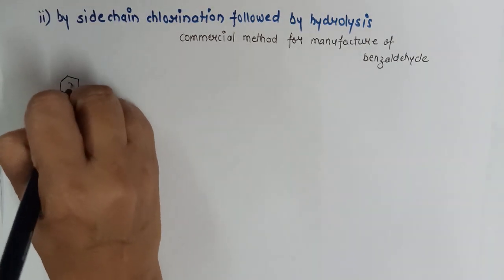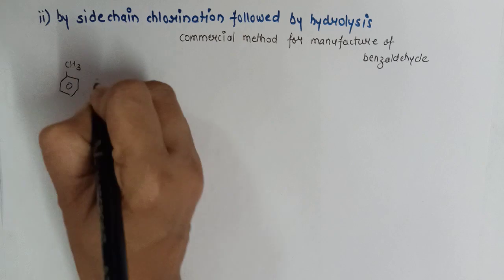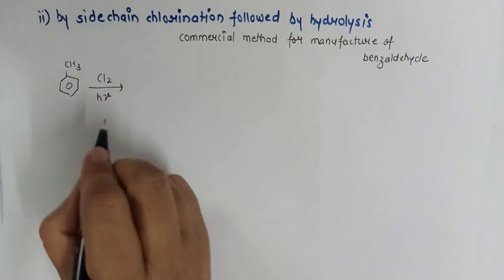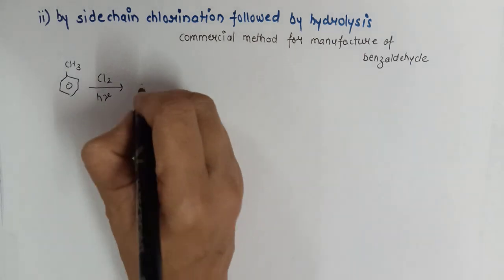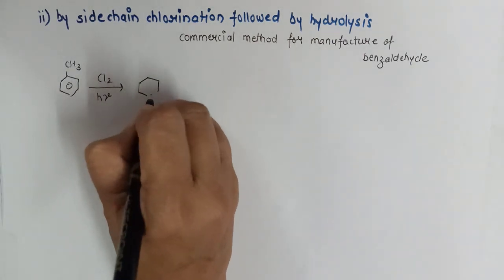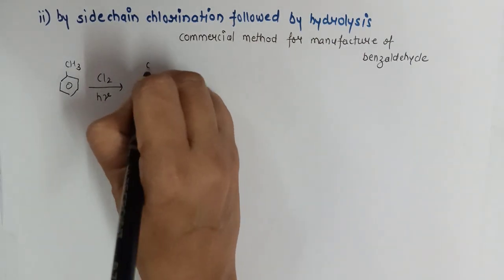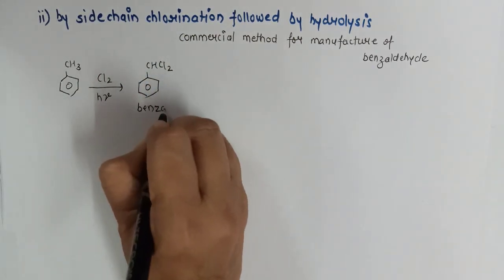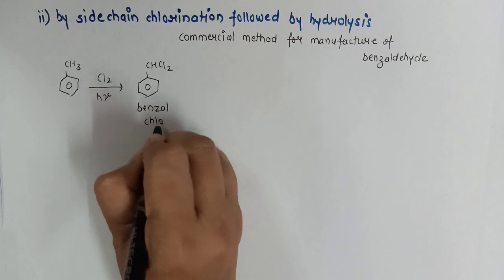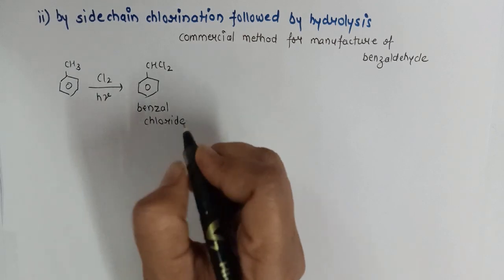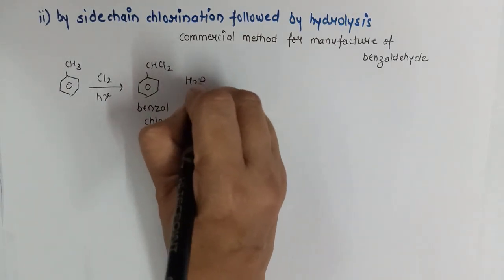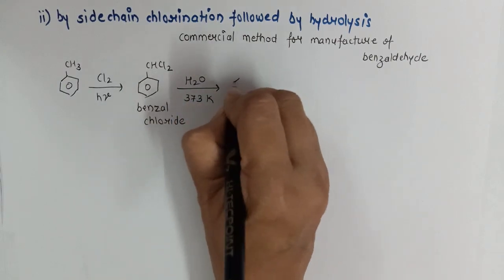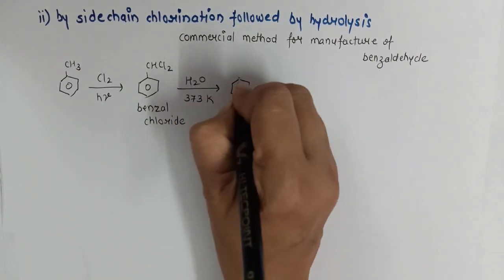A compound like toluene, when treated with chlorine in the presence of heat and light, we know that under this condition halogen gets added to the side chain carbon, and therefore we get benzal chloride. And benzal chloride hydrolyzed at 373 Kelvin gives you benzaldehyde.